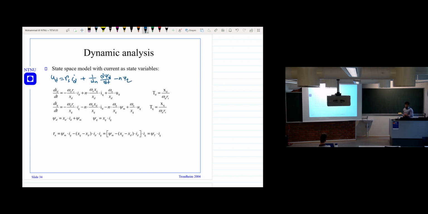I think you remember this equation. And here, psi q is this, and psi d is this.